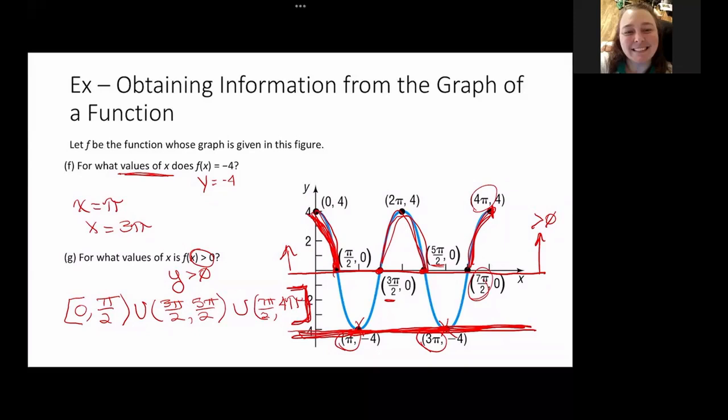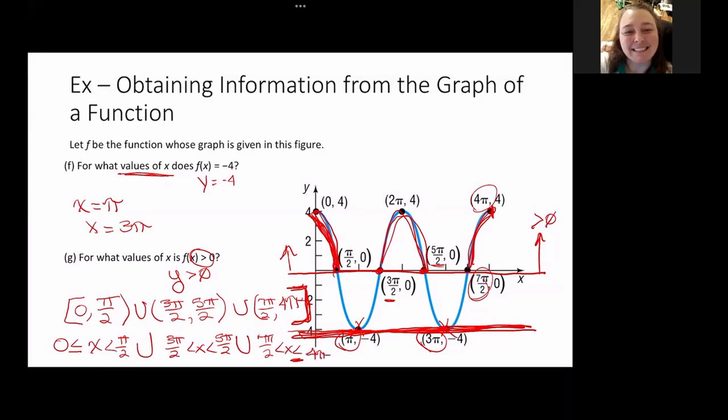If I was going to do the inequality notation, it would be 0 less than or equal to x less than pi over 2, union 3 pi over 2 less than x less than 5 pi over 2, union 7 pi over 2 less than x less than or equal to 4 pi.